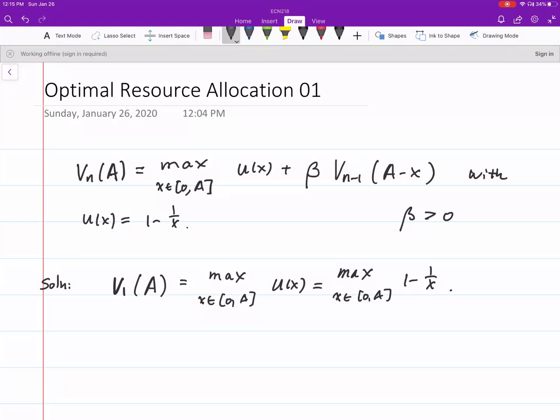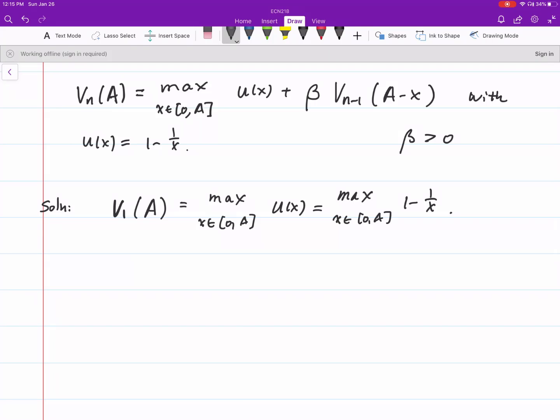We can, of course, just say the function is increasing, but how do we show that? We look at this function f of x equals 1 minus 1 over x, and we try to take the derivative. That's the normal procedure. Then we have 1 over x squared bigger than 0.